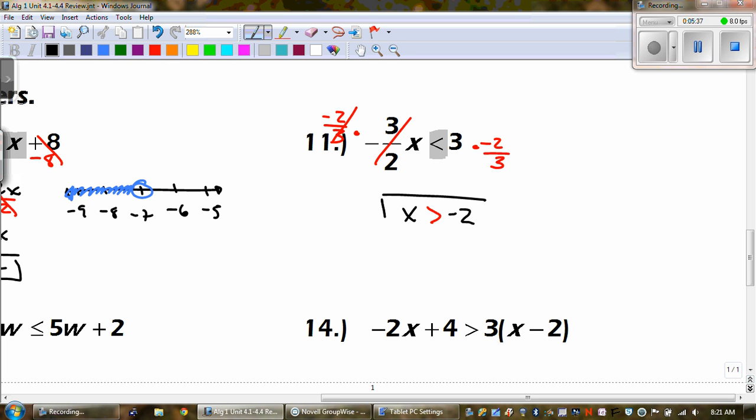So x is greater than -2. And then graphing it, we got -2, -1, 0, -3, -4. At -2, we're open, and we shade everything to the right.